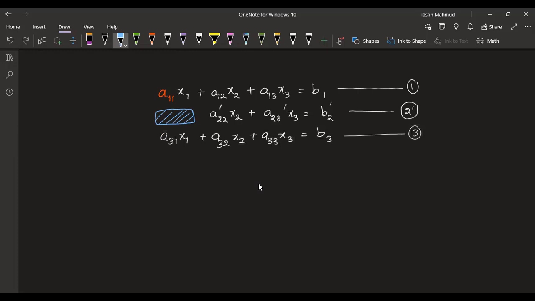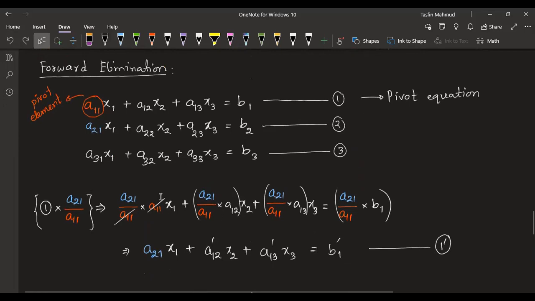So just have a look once again. What did we do to eliminate this term? What did we do to make this term zero? The first thing, we took the pivot equation, we divided the equation by the pivot element, and we multiplied it with the term that we want to eliminate.